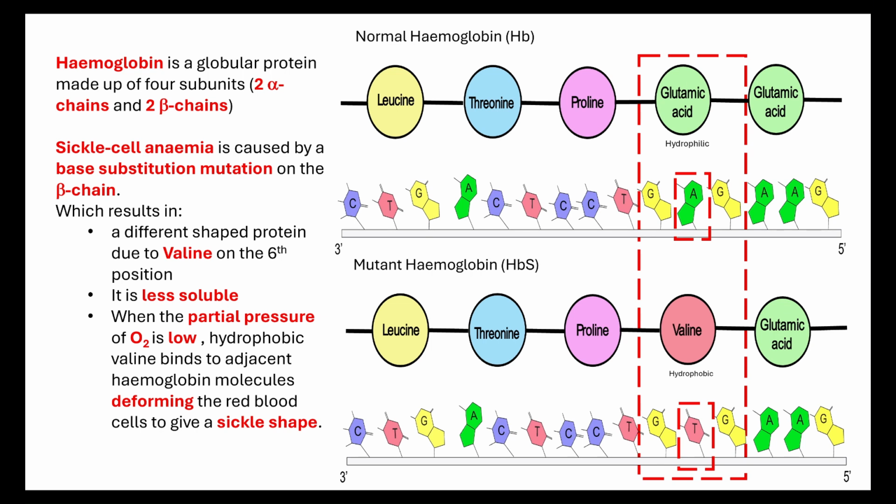So when the partial pressure of oxygen is low at respiring tissue, that hydrophobic valine actually binds to adjacent hemoglobin molecules. And that causes the deforming of the red blood cells to give a sickle shape. So this is an example of the point substitution, therefore having a missense consequence and therefore having a harmful effect.